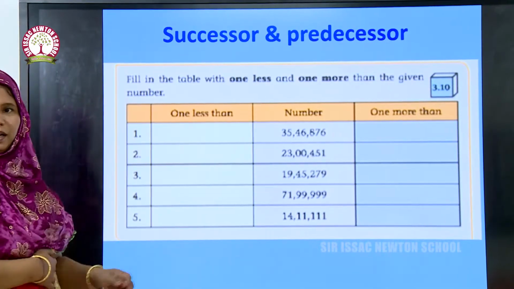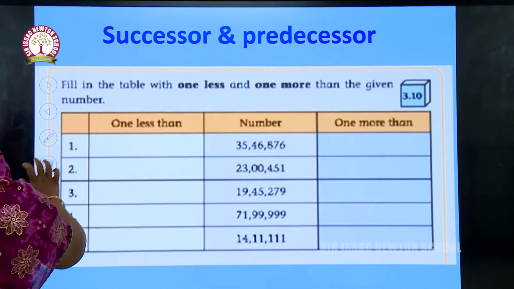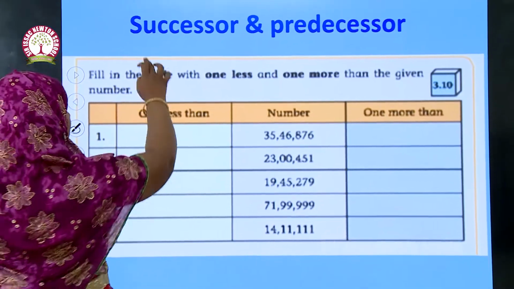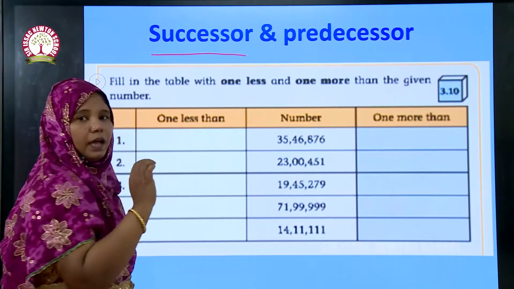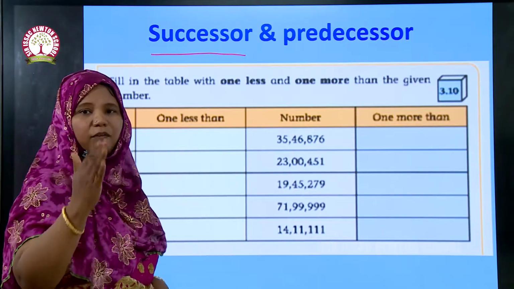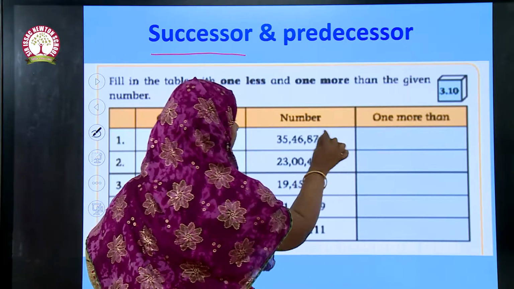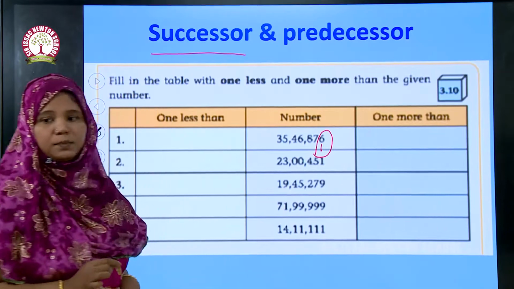What is the after value? This is the number given, and the successor is the number after it. How to find the number after this? I have to add 1 to the units place.